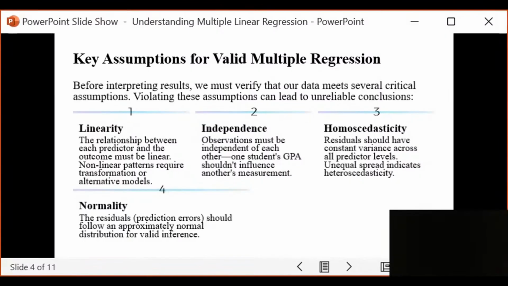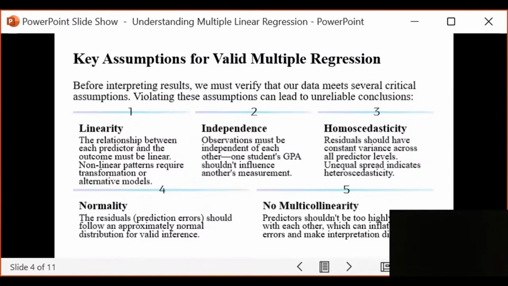And finally, the fifth assumption for valid multiple regression is that there should be no multicollinearity. What is this? It means that there shouldn't be two highly correlated predictors, because when two predictors are almost the same, it becomes hard for the model to tell which one is actually influencing the outcome.